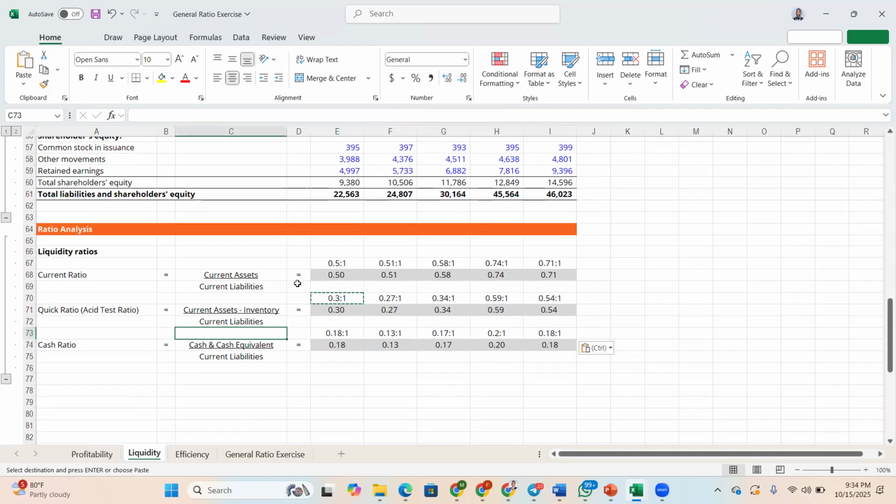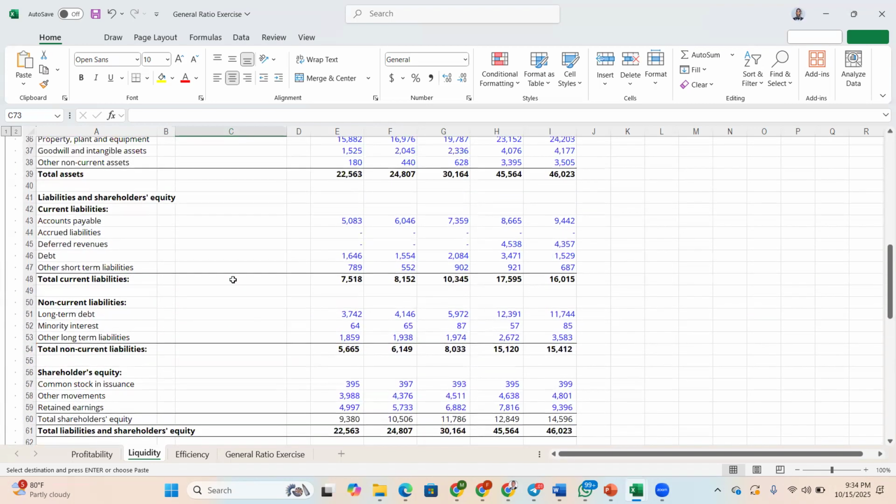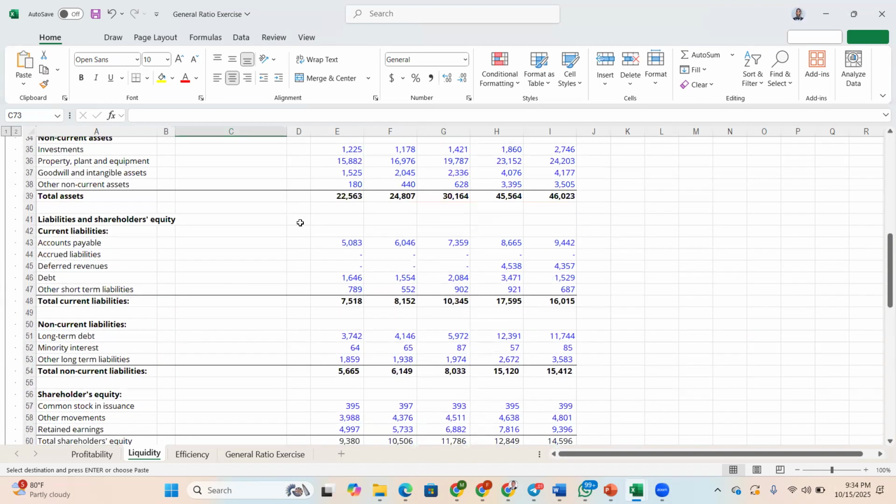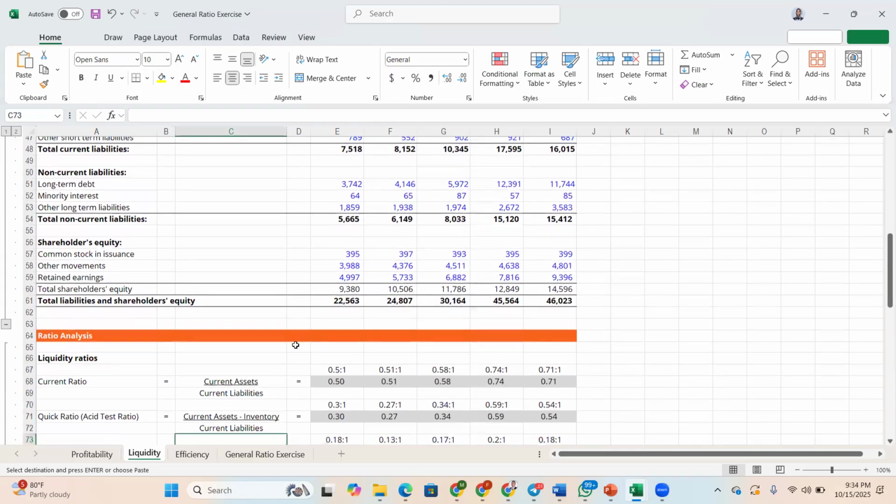Now, if we check, these are the interpretations. This is telling us that our current assets compared to our current liability is 0.5. If you check year one, in short, the current asset is less.